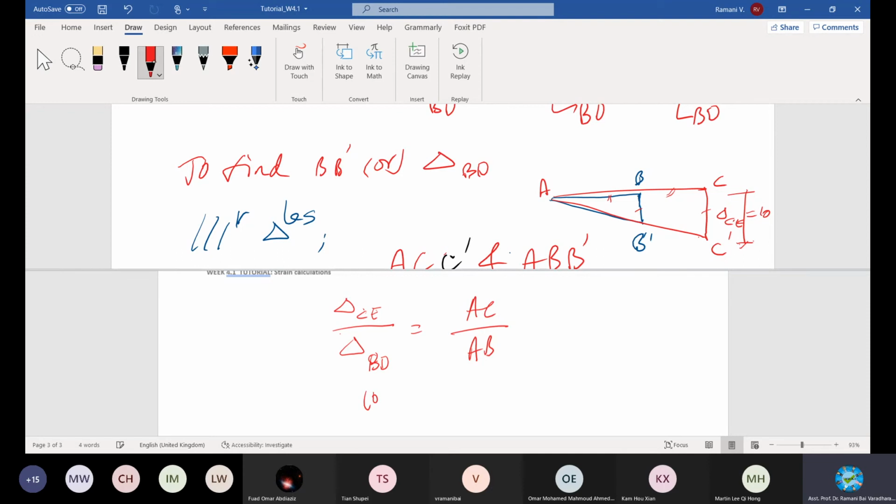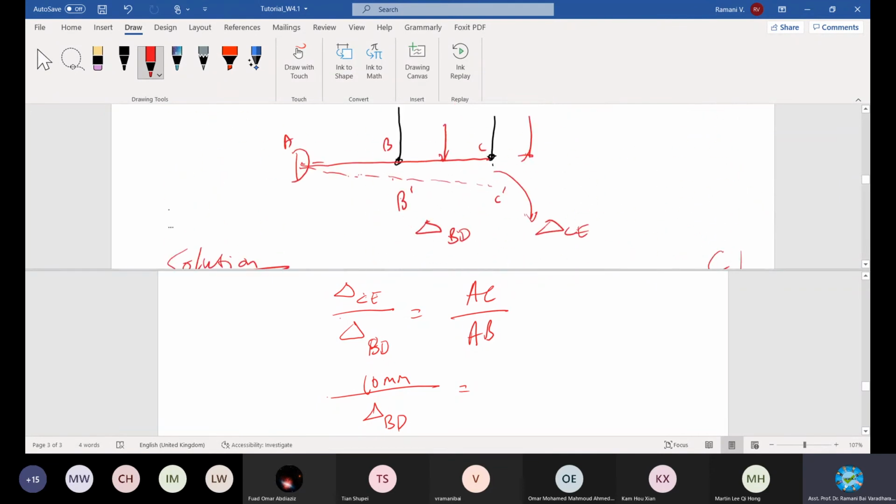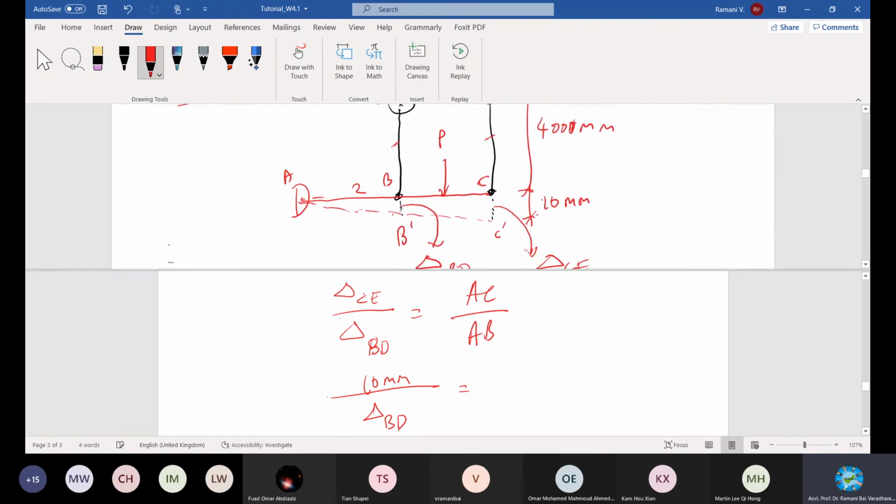Now write the values. You know delta CE is 10 mm, divided by delta BD, which is unknown, equal to AC, the length given to you. This length is 2, this length is 3, 3 meter, 2 meter, and 2 meter.